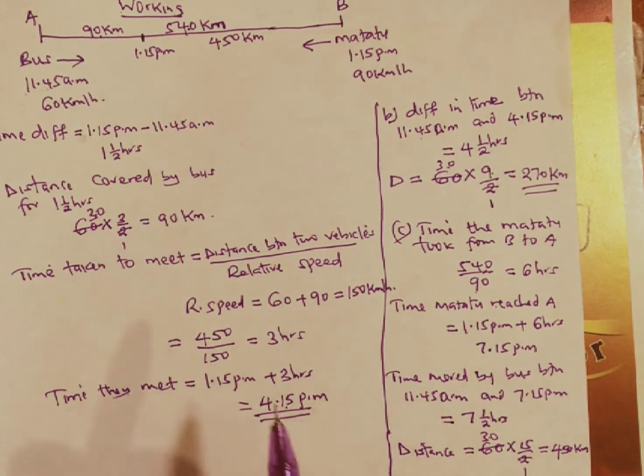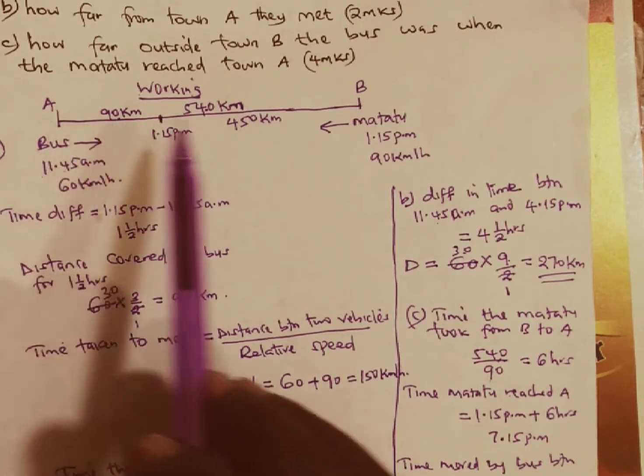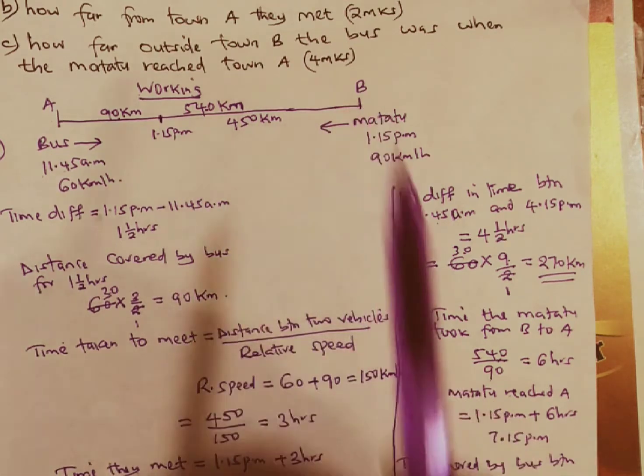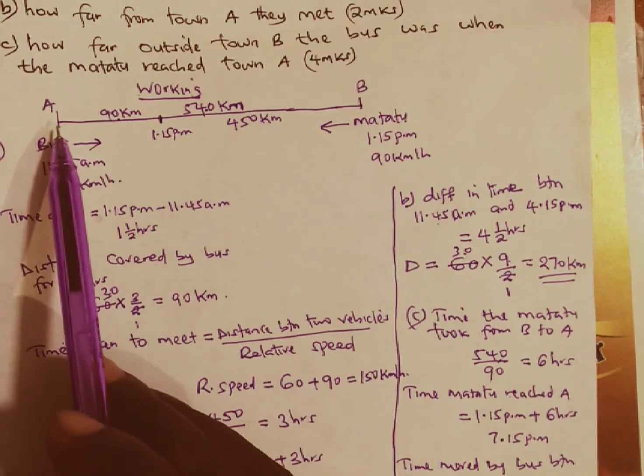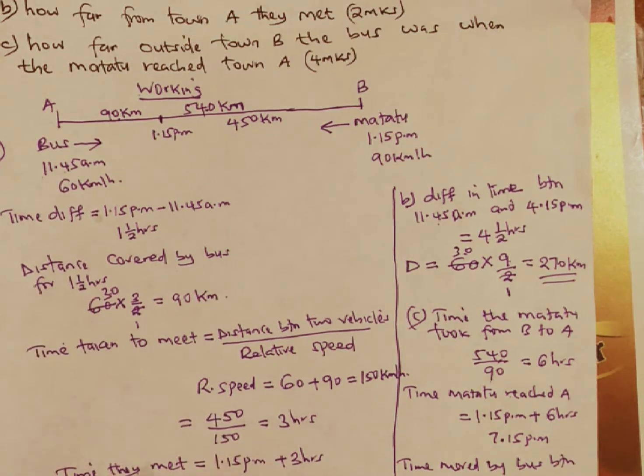That means from A towards B, the bus had traveled 450 kilometers when the matatu reached town A.